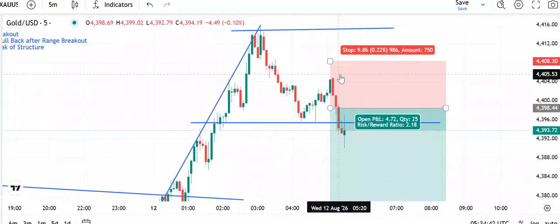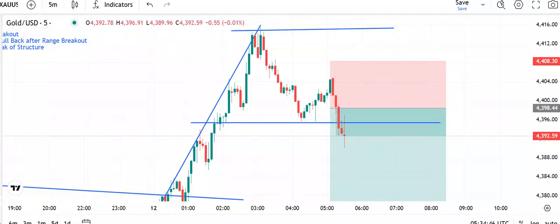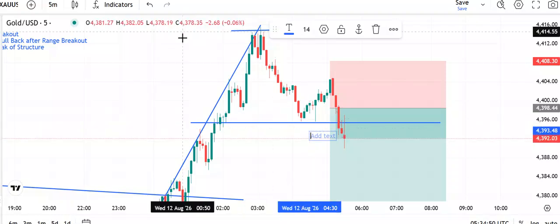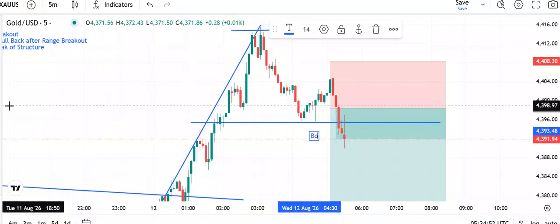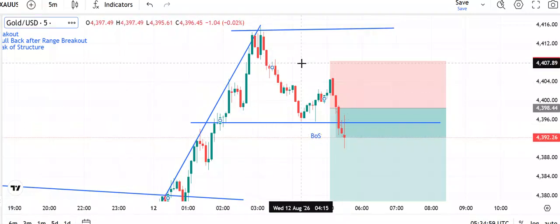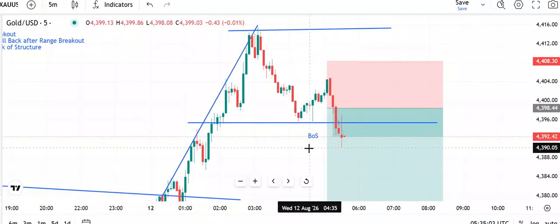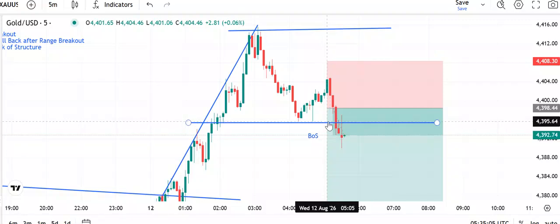With a pullback, this is a break of structure happening here, BOS. Okay. Alright, where we start to have low, lower high, lower low. Okay, have a break of structure here.